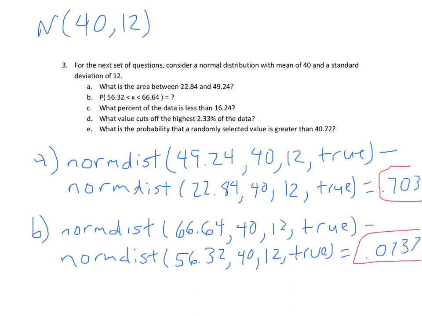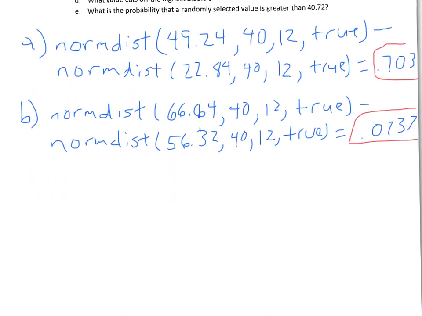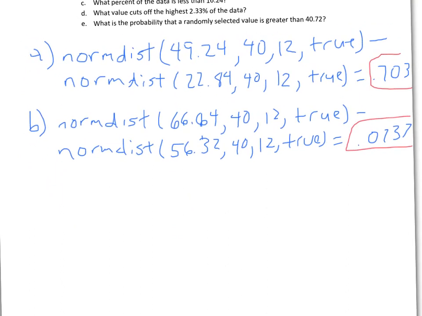Okay. Next one, what value cuts off the highest 2.33%? There seems to be a lot of trouble with this question. Okay. So remember, if I'm cutting off the highest 2.33%, Excel is only going to give me what's to the left of it. So I need to tell it, look at everything to the left of it. So if 2.33% is cut off up top to the right, then 100 minus 2.33 is cut off to the left. So that's the z value I want.